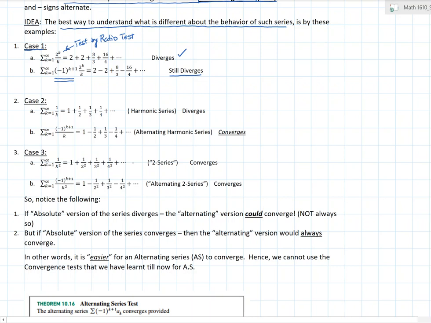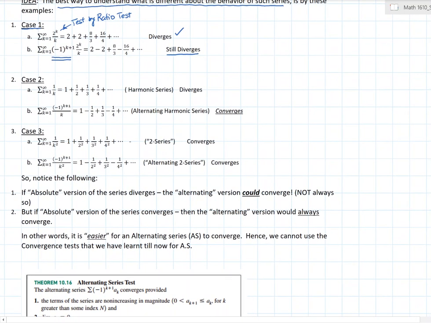So the series where there's no alternating going on diverges, and when it alternates, it still diverges. Okay, not surprising.